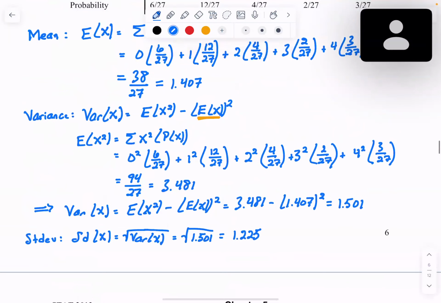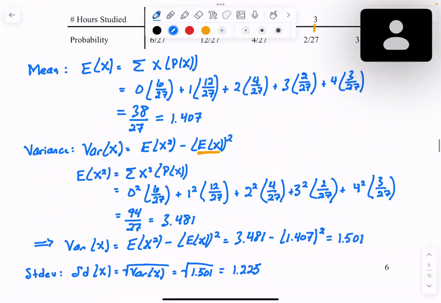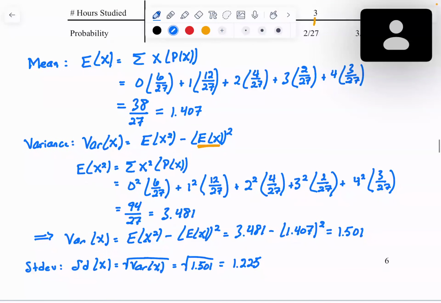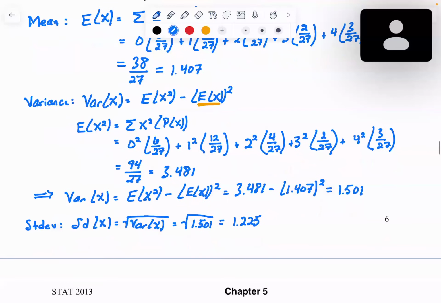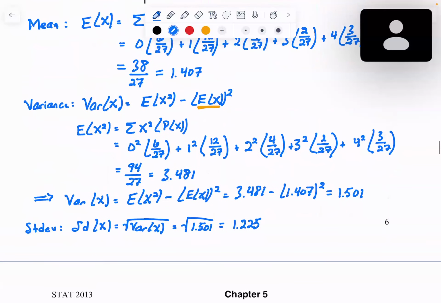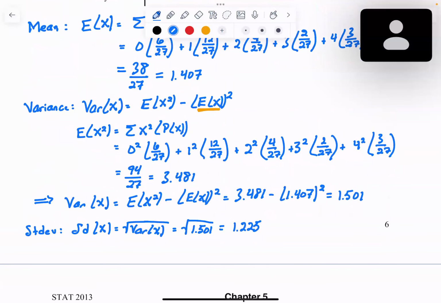We looked at the number of hours studied last night for a random sample of students. So notice whenever I was calculating this mean up here, I referred to it as E of x, the expected value of x.